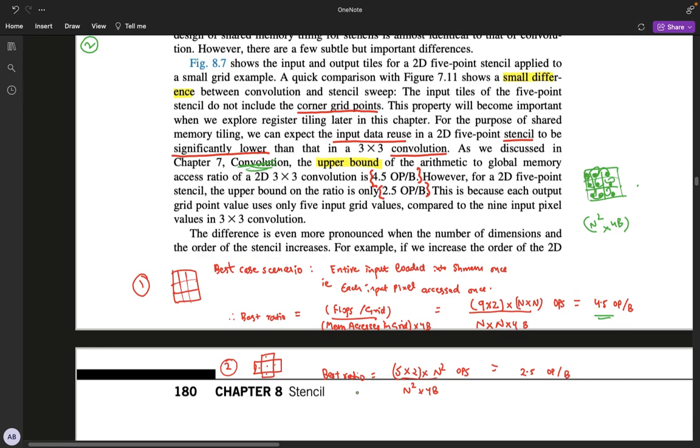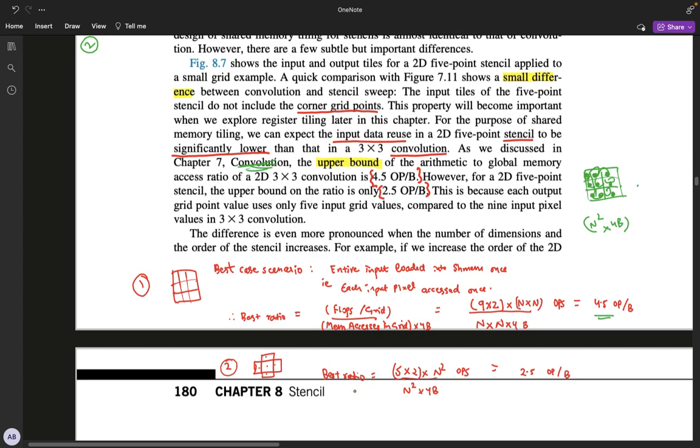But for the stencil, the memory accesses in the grid remain the same, because the best case scenario would be that every data point is loaded exactly once. But the flops per grid would actually decrease, because flops per grid again is flops per thread times the number of threads in the grid.